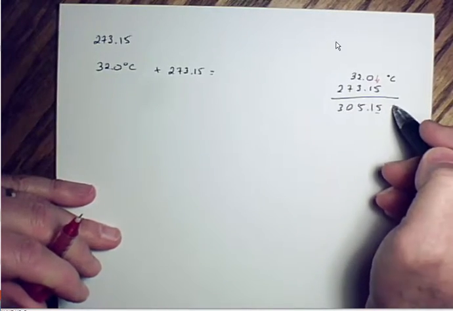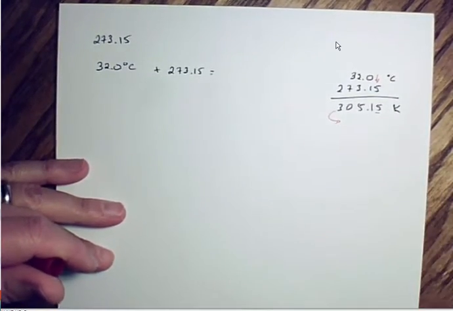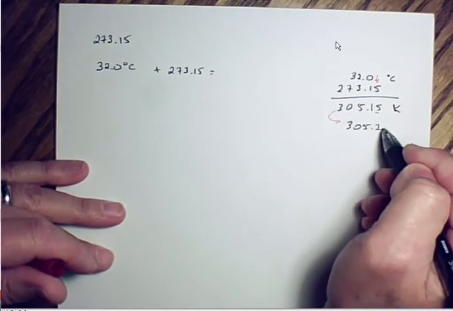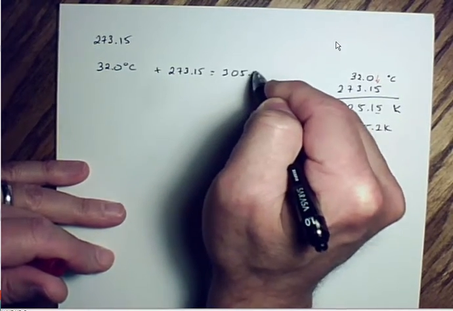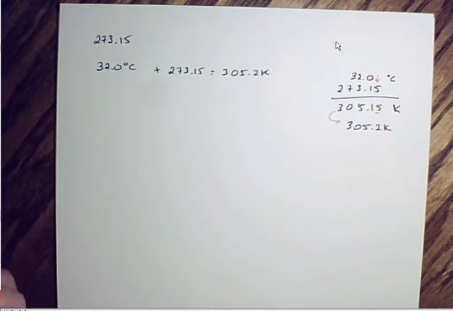Now this is in units of Kelvin, and we need to round it off to the correct number of significant digits, and we get 305.2 K. That's all you got to do.